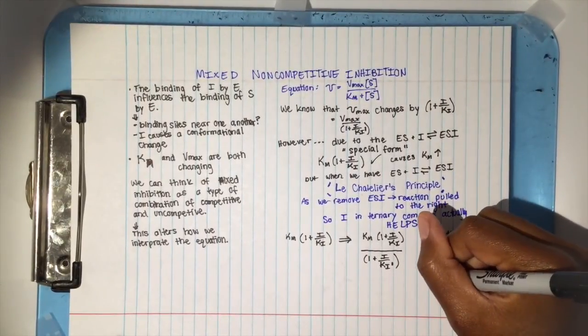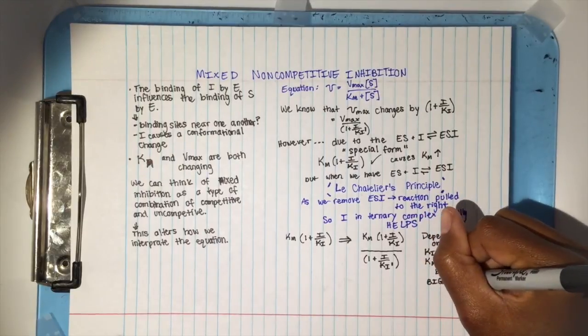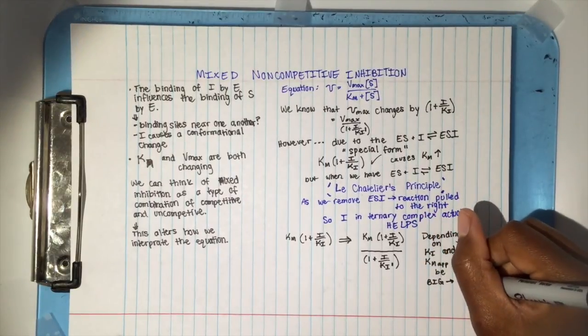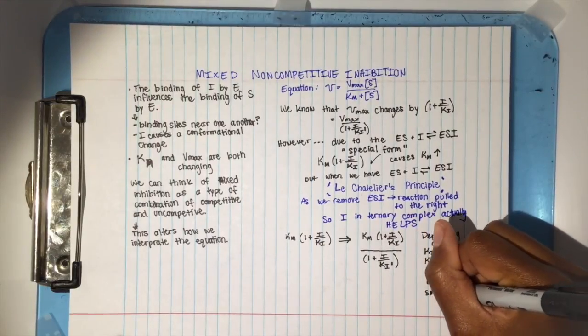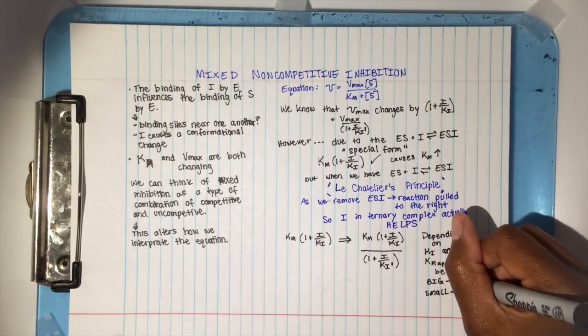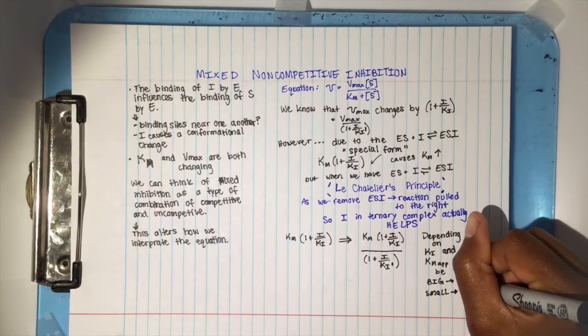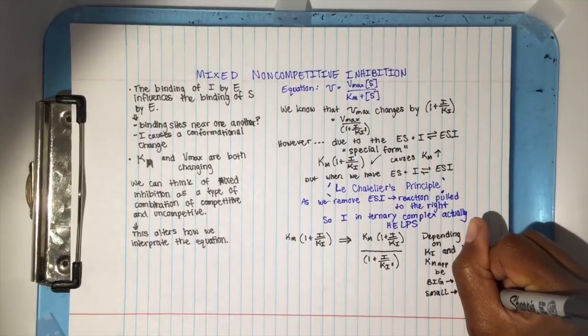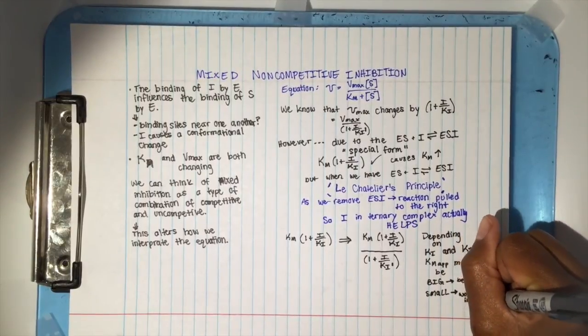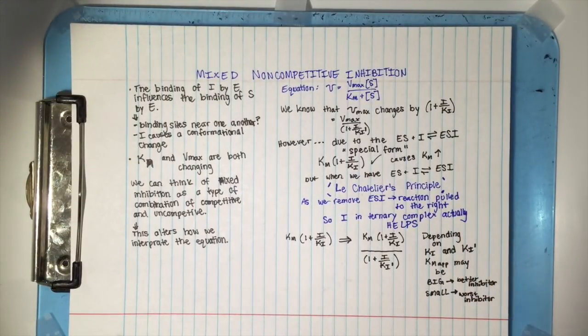And so depending on Ki and Ki prime, Kmap may actually be bigger. So that means that you have a better inhibitor, or it may be smaller, which means that the inhibitor is not as inhibitory, and so it'll be less effective.